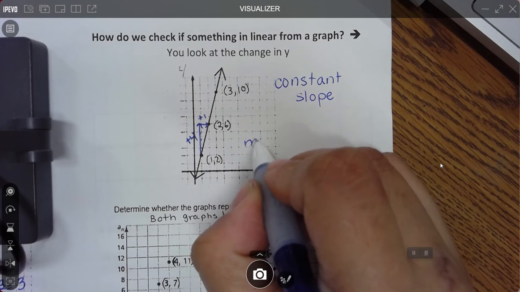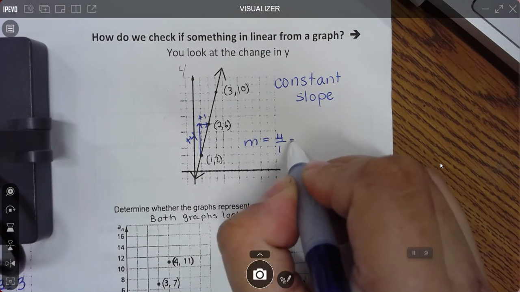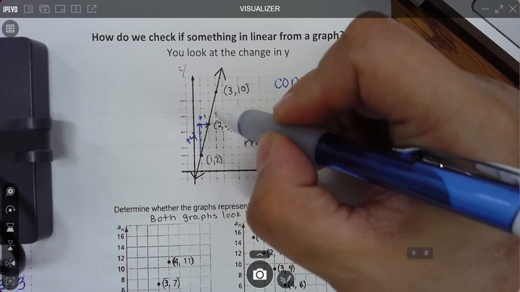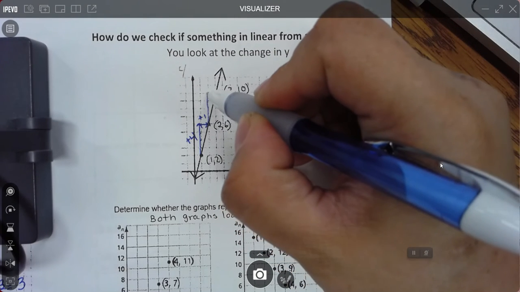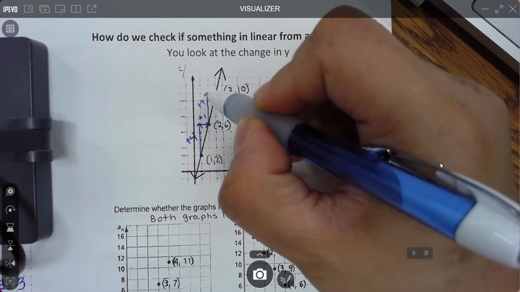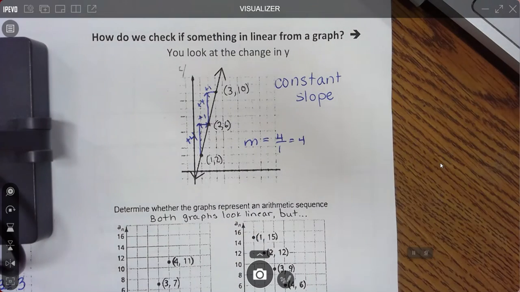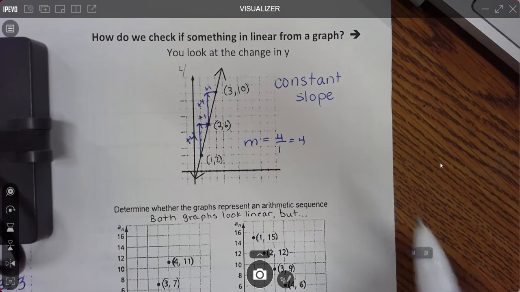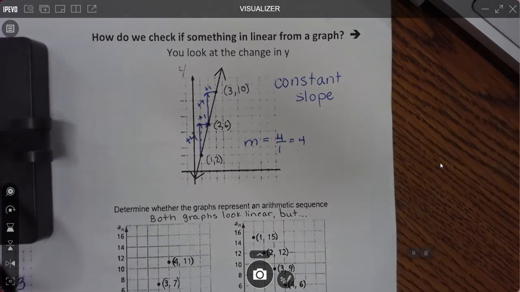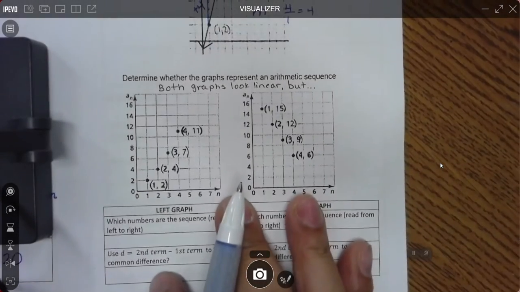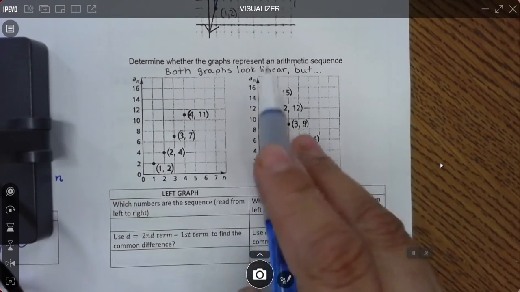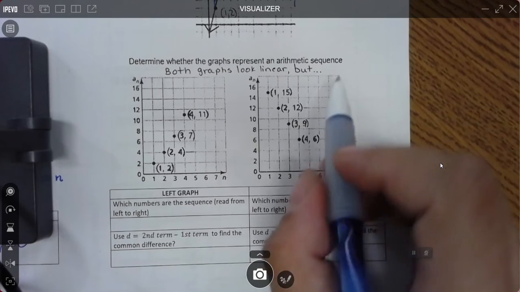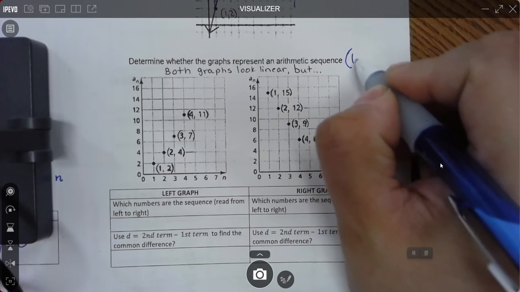So the slope here is 4 over 1, which is just 4, and we can double check. From the second point to this one right here, 1, 2, 3, 4. The rise is still 4, and the run is still 1. So it is a constant slope. All right. So we're going to use what we know to determine whether these graphs are arithmetic or basically a linear pattern.